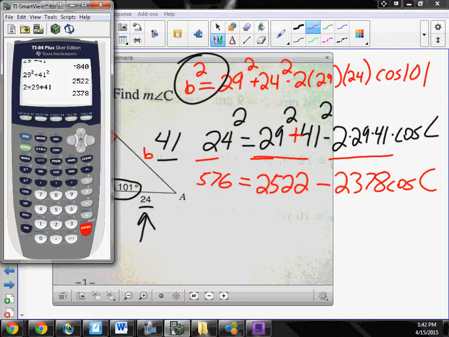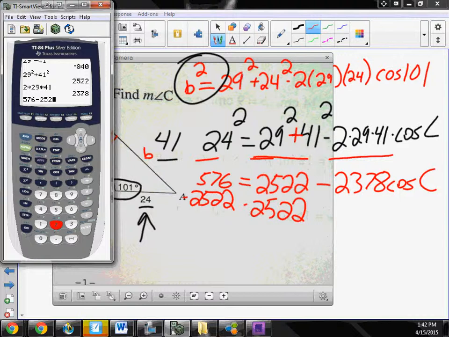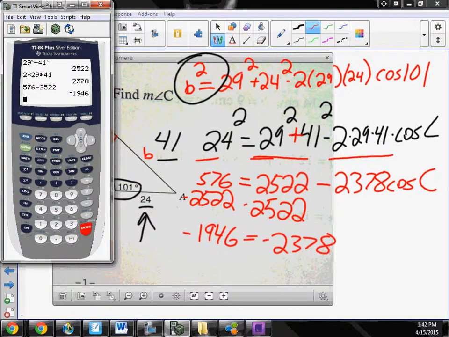Now what do? Subtract 2522. You might want to pay attention to this, JC, and not that. So 576 minus 2522, negative 1946 equals negative 2378 cosine C. Now what?